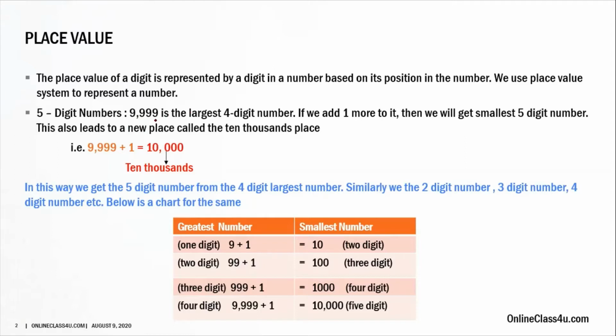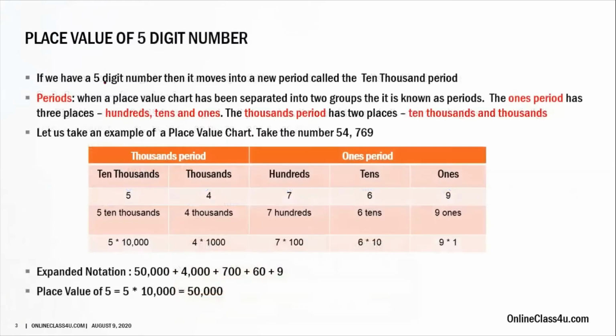If we add 1 to 9,999, we'll get a 5-digit number, that is 10,000. And if we count the number from the left hand side, we'll be counting it as ones, tens, hundreds, thousands, and 10,000s. That is, we get a new 5-digit number.